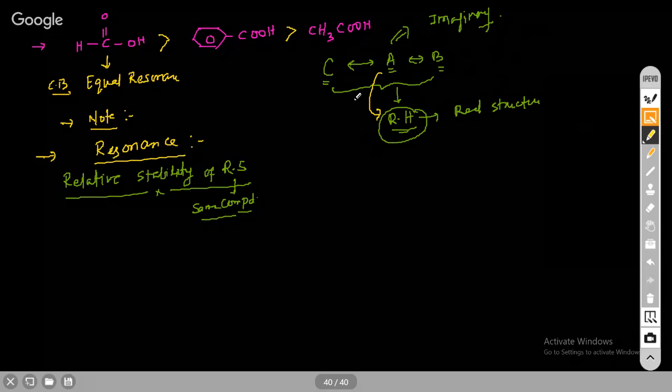That's why we need the relative stability of RS, because of this contributing factor. The most stable resonating structure will contribute maximum into the resonance hybrid, and that's why we have to know which resonating structure is more stable or less stable. Like I said, we have 7-8 rules to keep in mind to compare the relative stability of resonating structures.